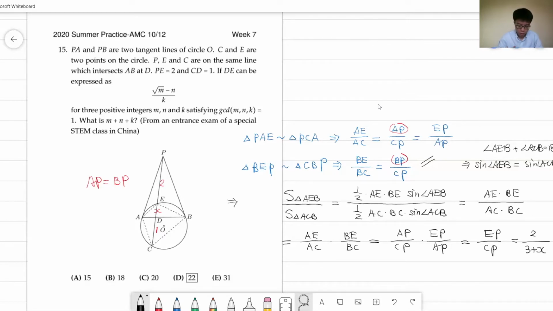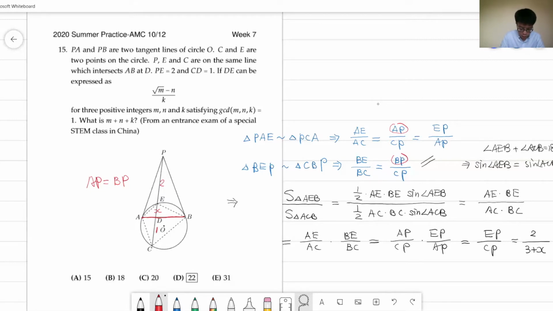On the other hand, we can consider these two triangles as sharing the same base AB, and the height is proportional.